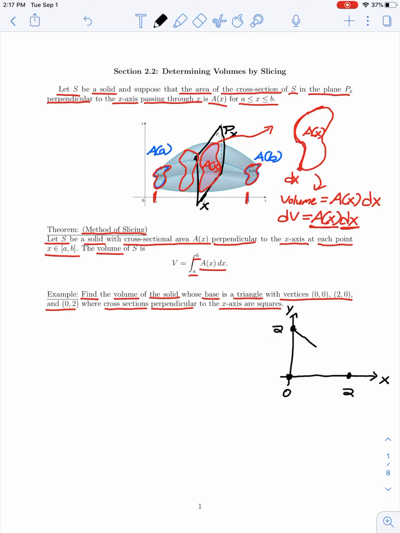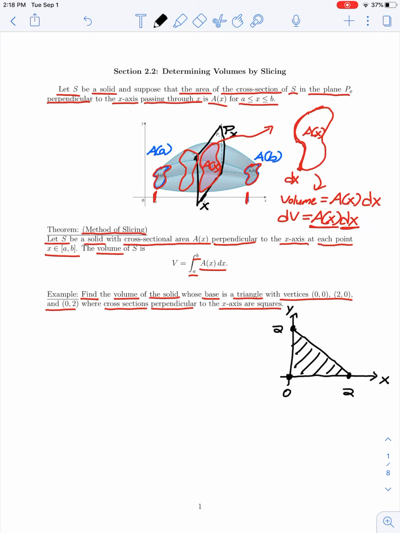So we would have a base of our solid that has a triangular shape. And we're told that cross-sections of our solid perpendicular to the x-axis are squares.